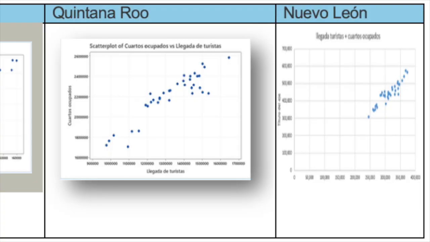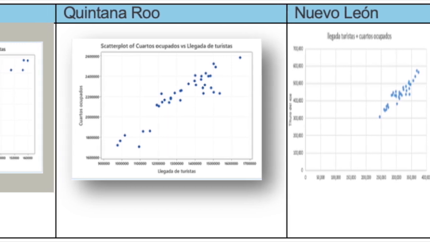We investigated the tourists and the rooms occupied and found that the best alternative is Quintana Roo. The growth of tourism there is continuously increasing, and the results in the forecasting have been significant. The number of rooms occupied is big, as well as the growth of tourism.